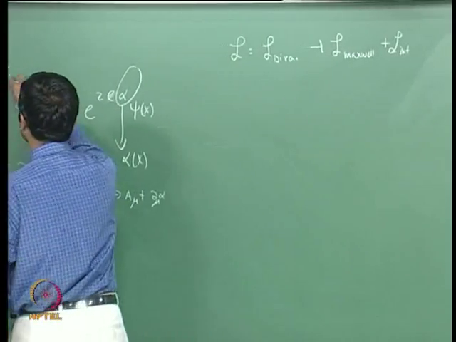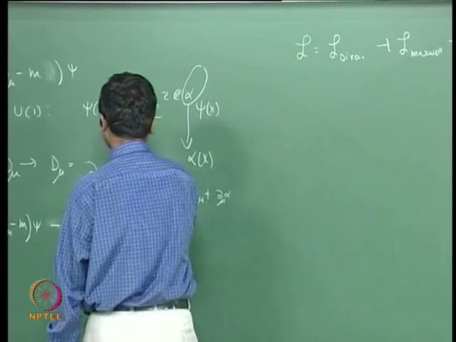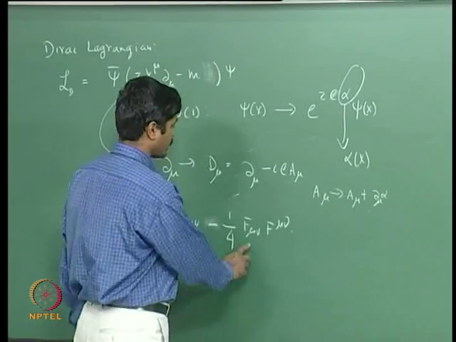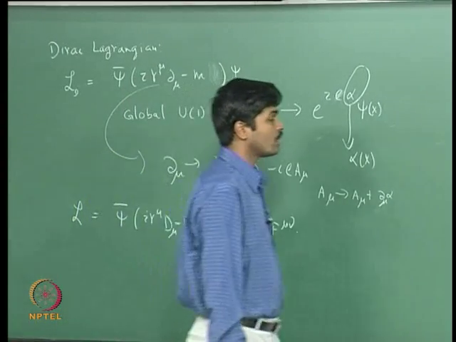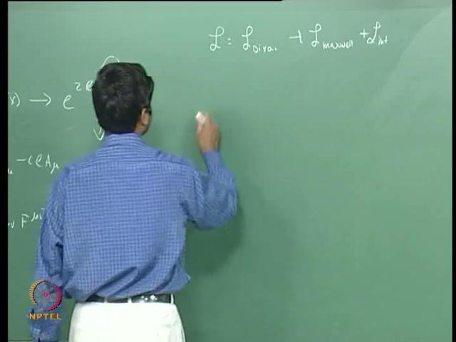Here L_Dirac is given by this, L_Maxwell is this quantity, −1/4 F_μν F^μν, and what is L_interact?